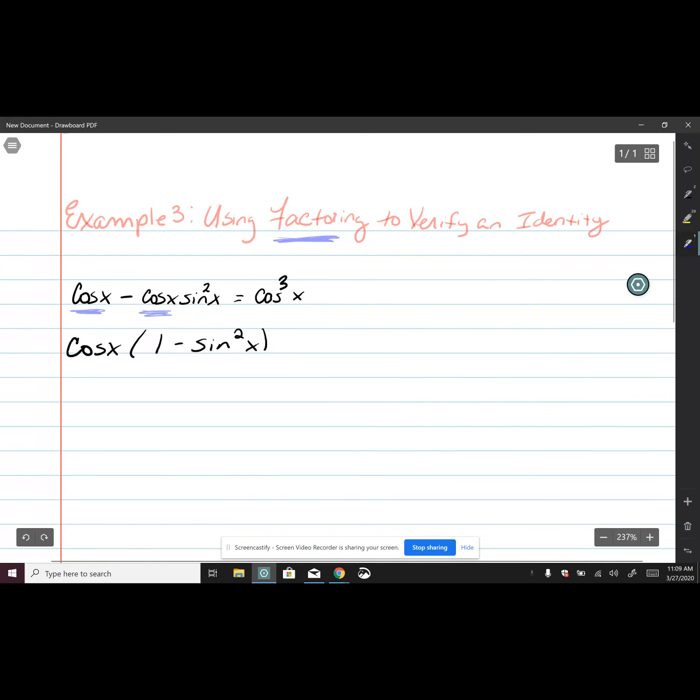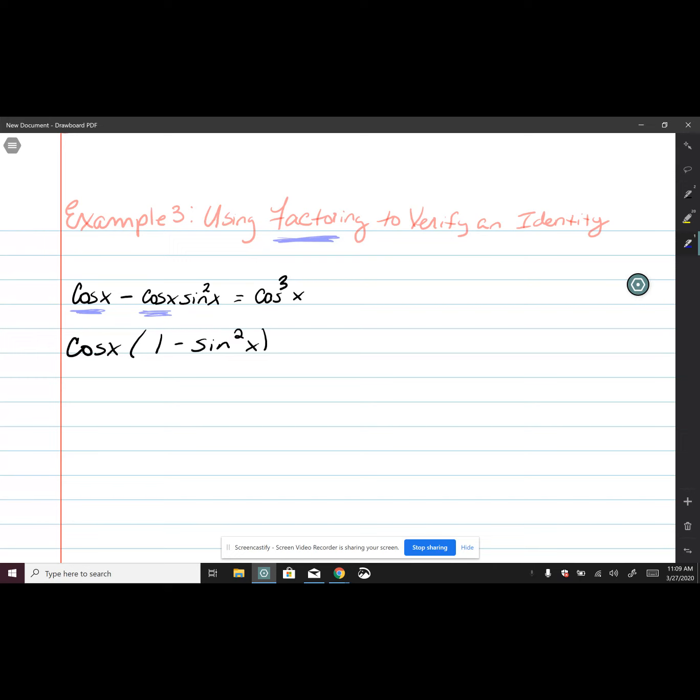Well, actually you do. Remember that arsenal I gave you at the beginning of all this that had all those fundamental identities. What you need to be able to do is say, okay, how can I apply anything here? So if you look through that list, what is the only thing that has a 1 and a sine squared in it?